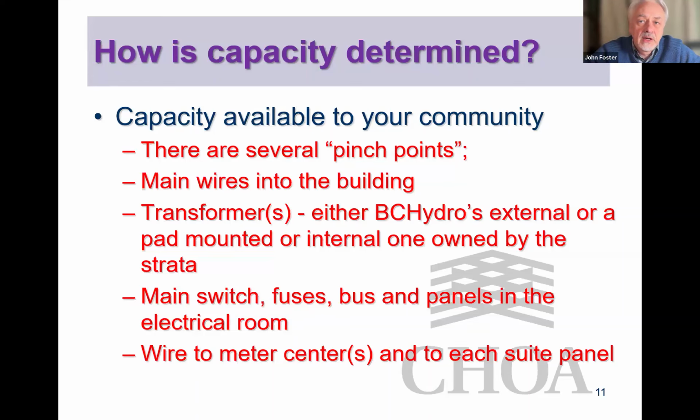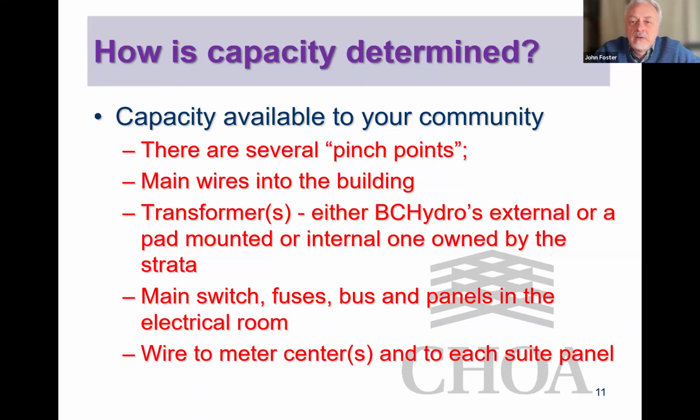One is from the utility coming in, which is something you generally don't get the answer to until you ask them that you want more, that you're planning ahead for electric cars and heat pumps and AC. Another pinch point is the wires coming into the building, the transformers, which you might have on pads around in a townhome complex or in the basement of an apartment building.